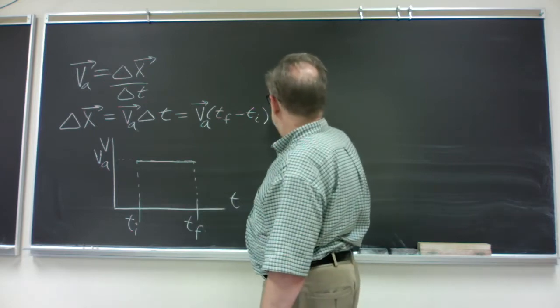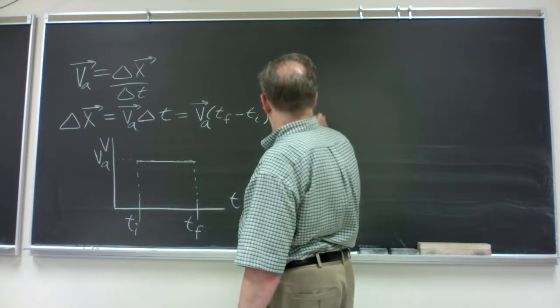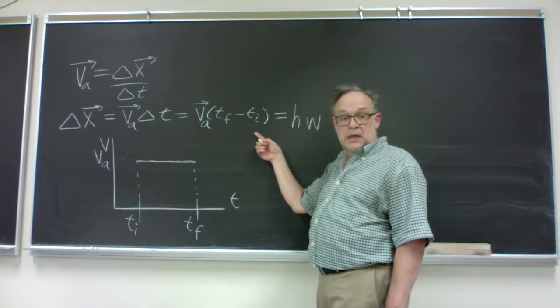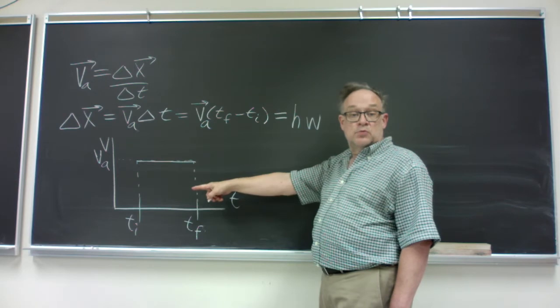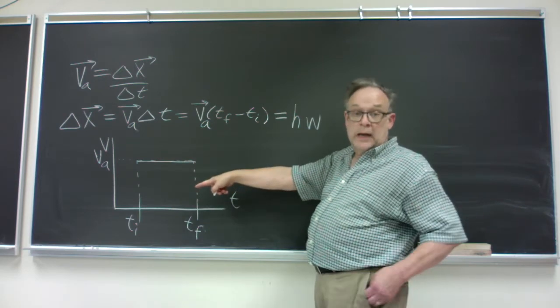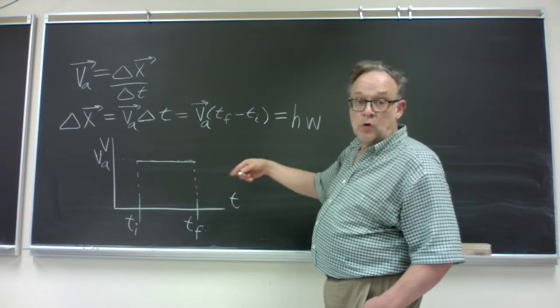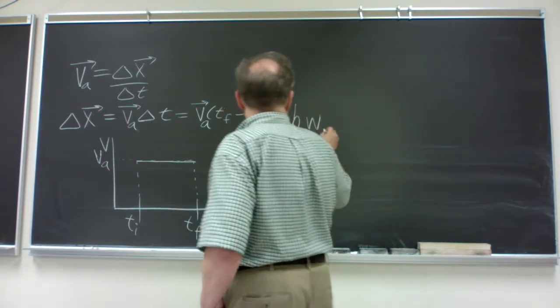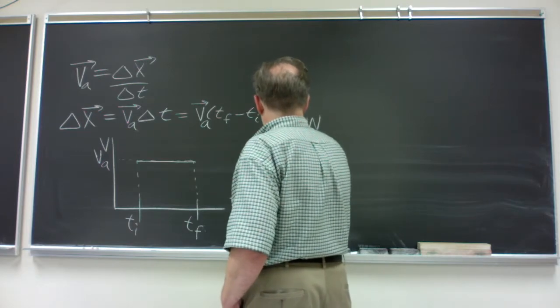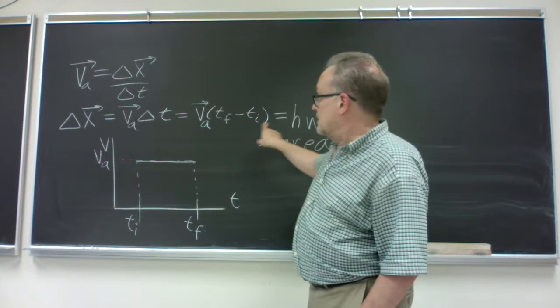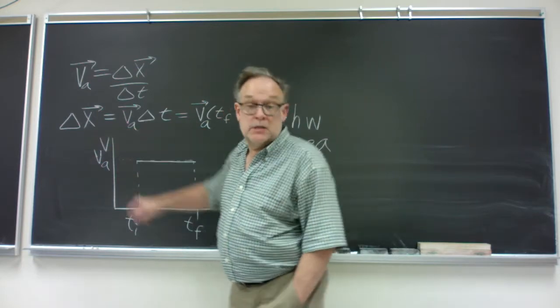So this is just the same as height times width of the rectangle here inside the velocity graph, or area inside the velocity graph. And what was this in the beginning? It was displacement.